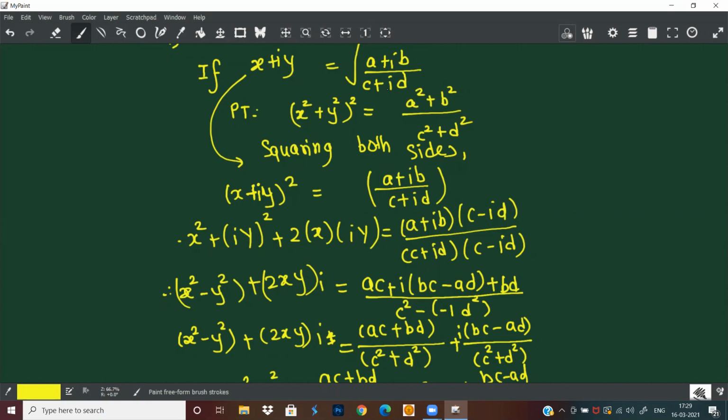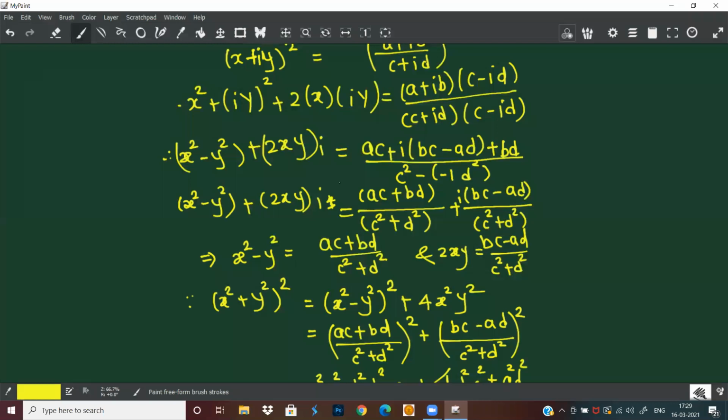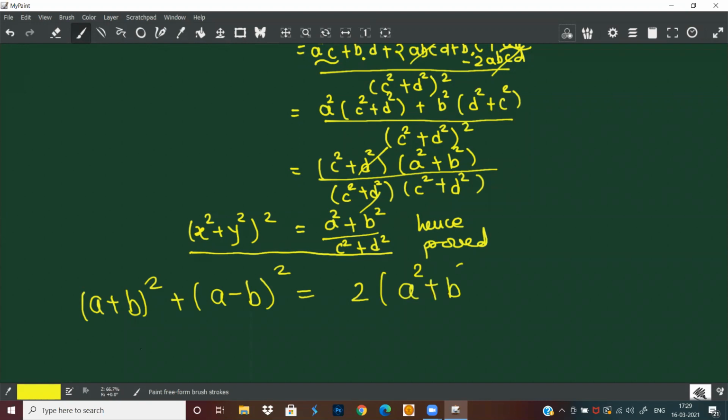I'll show it above. Real parts, imaginary parts. You must be knowing all these identities. Now, a plus b the whole square plus a minus b the whole square is twice of a square plus b square.